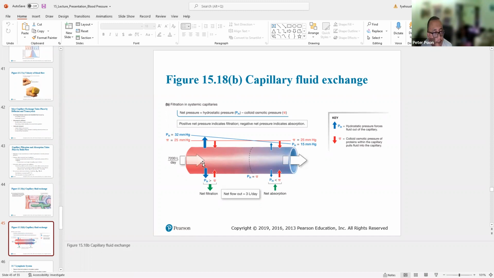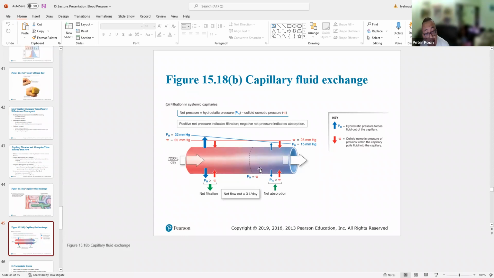So let me try to explain this one more time. At the very beginning, the hydrostatic pressure is pushing the fluid out, and it does that all the way through. But at the beginning, it is higher than the osmotic pressure, and therefore the total direction of fluid flow is out of the capillary bed.